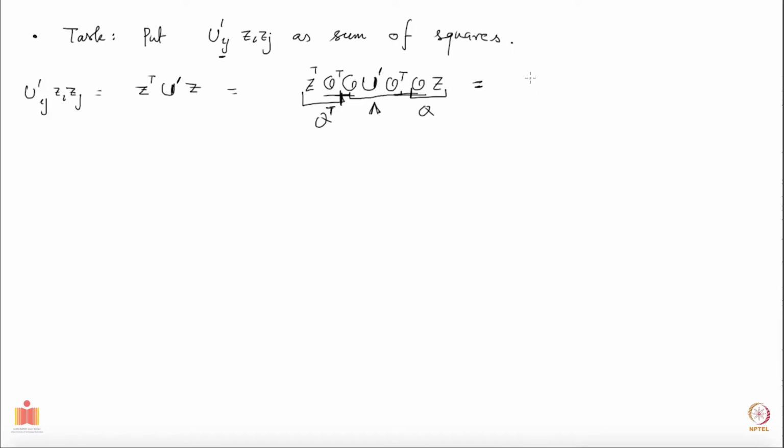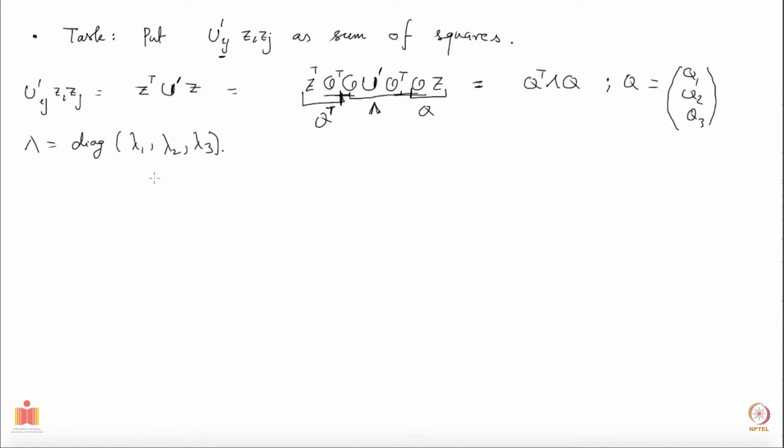So what we get here is Q transpose lambda Q. Q is a column vector where Q is Q1, Q2 and Q3. And my lambda is diagonal: lambda 1, lambda 2 and lambda 3. Okay, that's good.